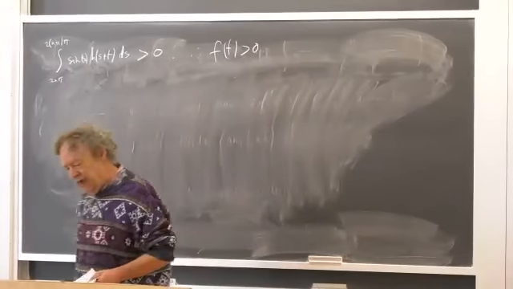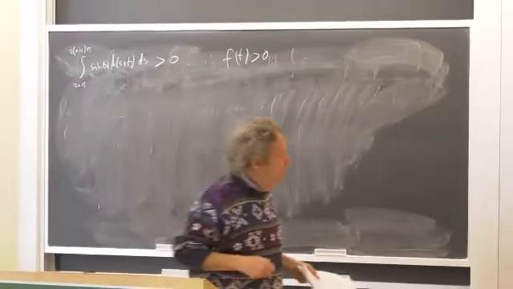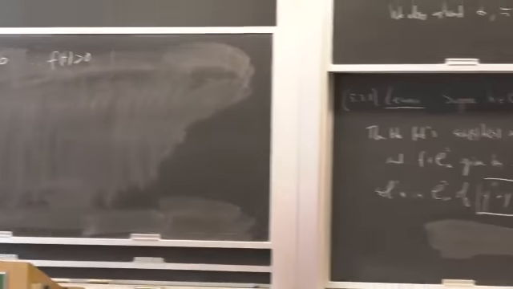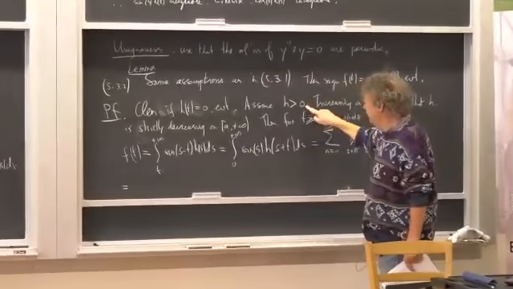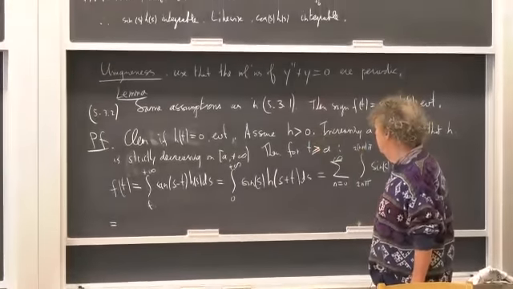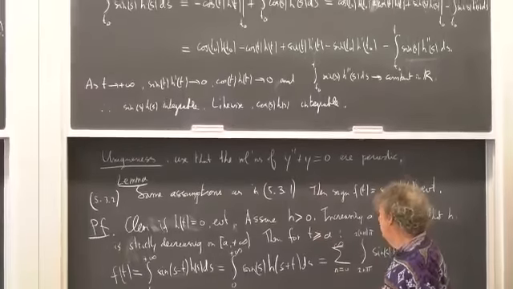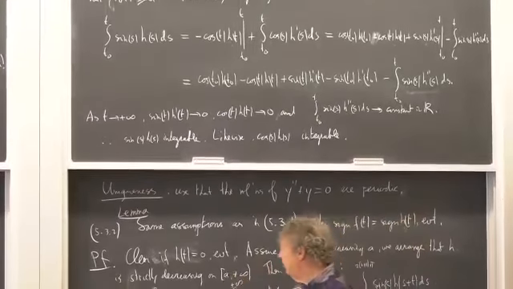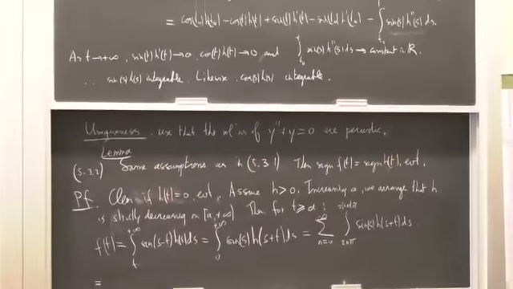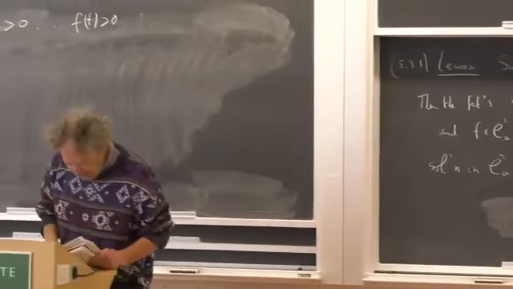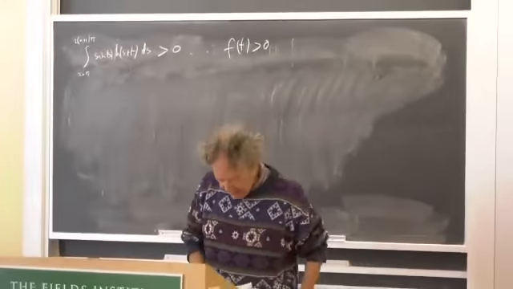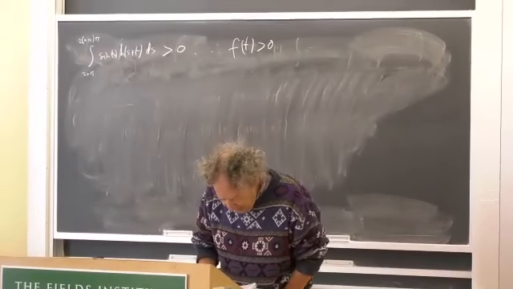Right, and this takes care of the case where h is positive. If h is negative in the Hardy field, then of course the same argument works, or you can make a change of variables and reduce it to that case. It doesn't matter, right?